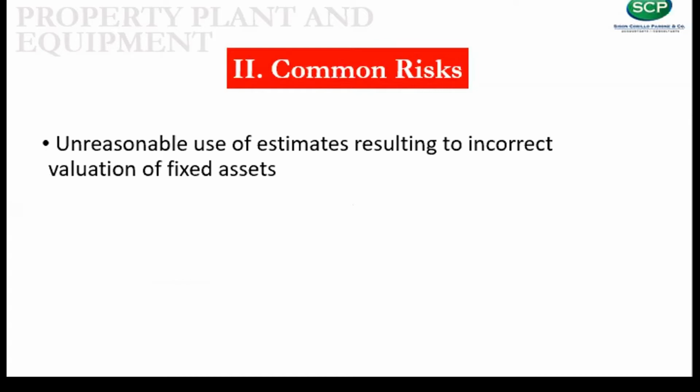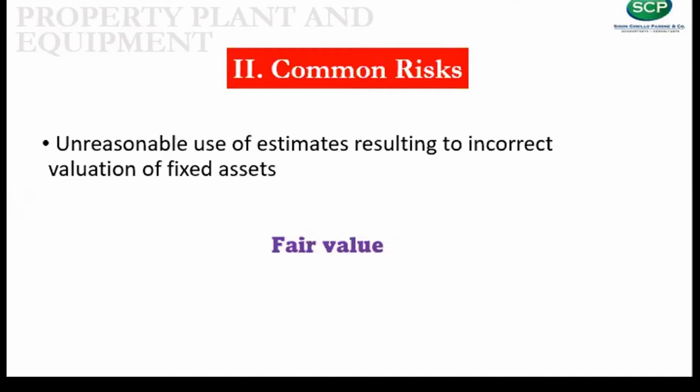As we have said earlier, the valuation of fixed assets is affected by many factors that involve estimation and judgments, such as the useful life, the residual values, the impairment losses, and the fair value of the fixed assets. Accordingly, the errors or misstatements in fixed assets are typically caused by any of these factors.